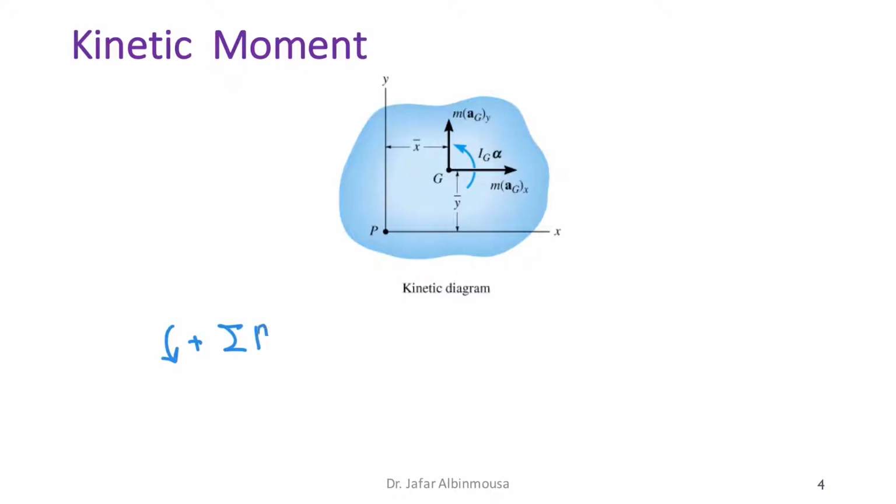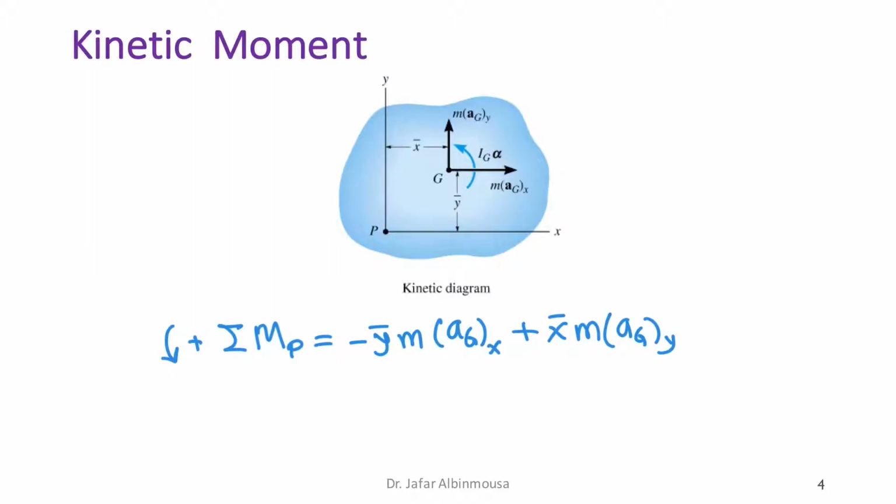Then we sum all of the moment about point P, and we say that this is equal to the kinetic moment. So by inspecting this vector, we can see that it will cause a clockwise rotation, while this one will cause counterclockwise rotation. So what we will have is minus y bar m a_Gx, because it causes clockwise rotation, plus x bar m a_Gy.